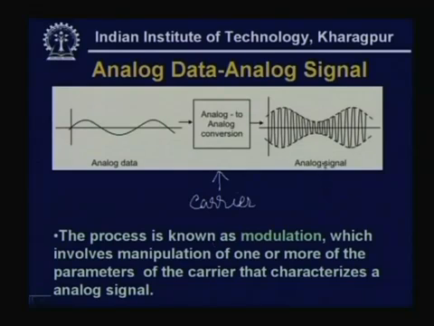Either one of them individually or a combination of them is modified to generate a signal which is known as the modulated signal. So, here is your modulated signal, and the signal to be modulated is known as the modulating signal.